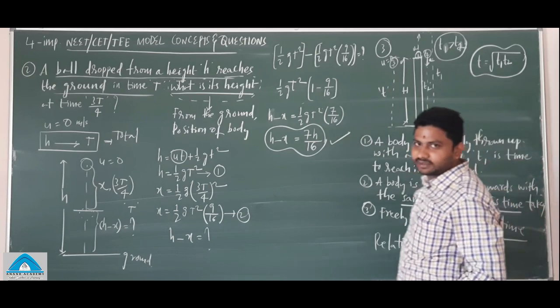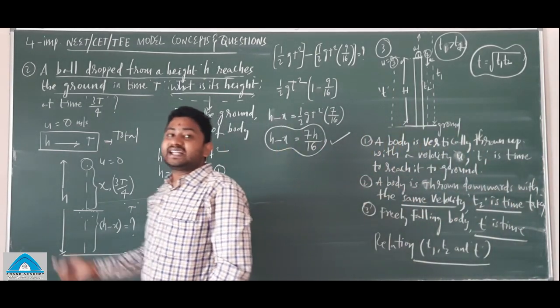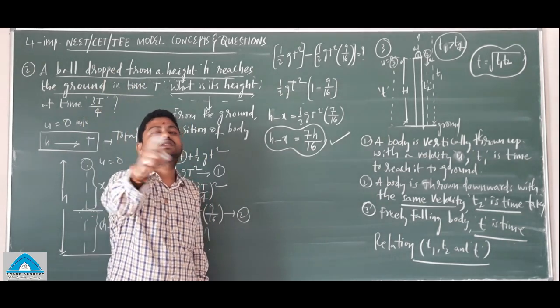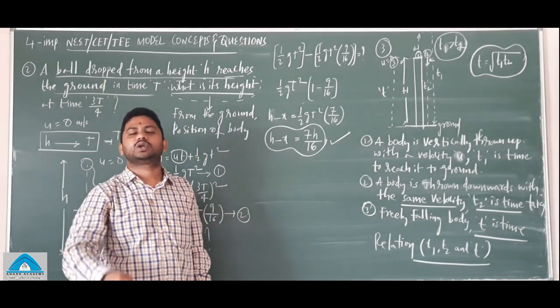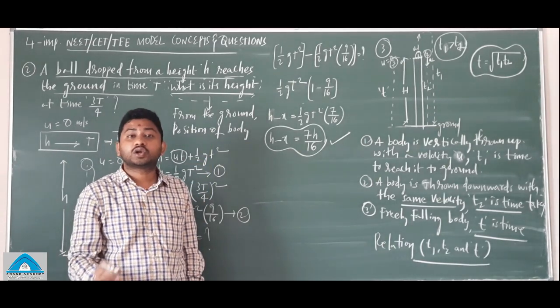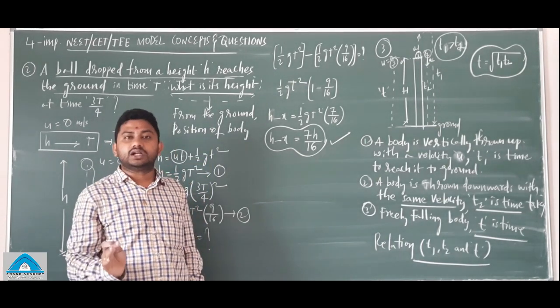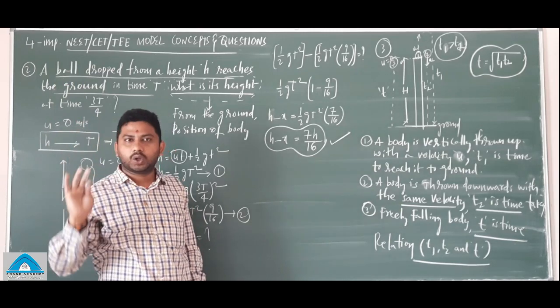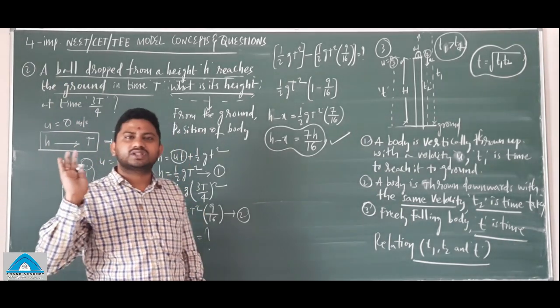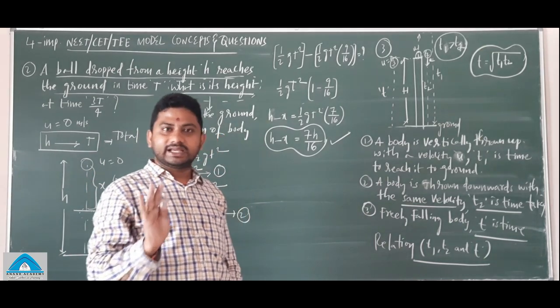This is interesting. The derivation we will be discussing in your actual classes. Once your actual first PhD classes start, we will be deriving that also. It's not difficult, but it takes time. You can do it by using the same equations of motion. Is it clear?